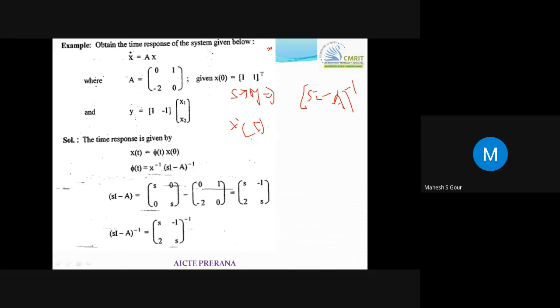One is x dot of t equals A x of t plus B u of t. The second one is y of t equals C x of t plus D u of t. Okay, so these are the equations.